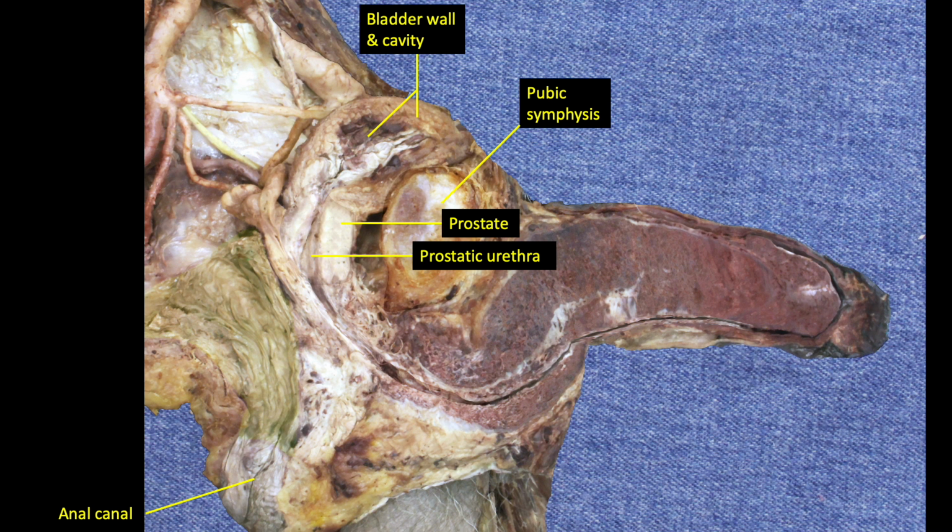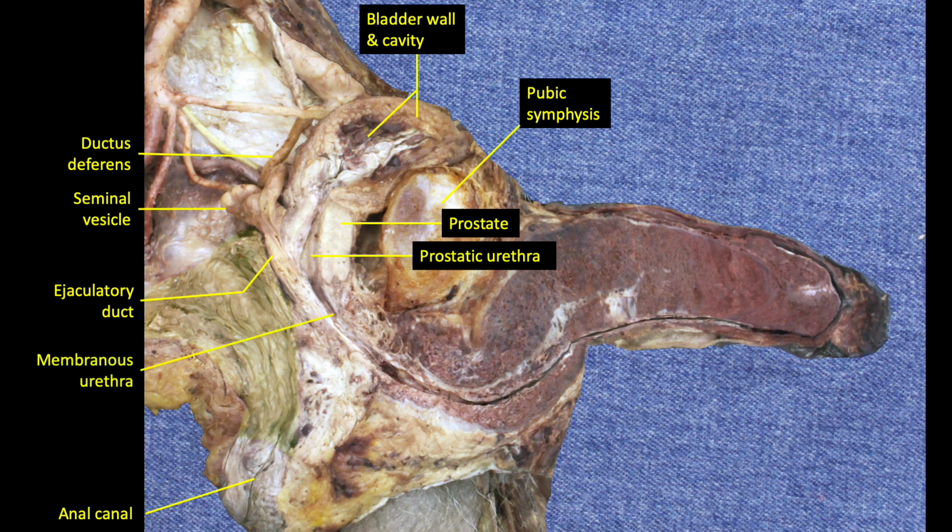Moving behind the prostate, we again note the ductus deferens and the seminal vesicle on one side. The two join together and become the ejaculatory duct, which then enters the prostate. The prostatic urethra gives rise to the membranous urethra, which is surrounded by the muscles of the deep pouch, one of which is the deep transverse perineal muscle.